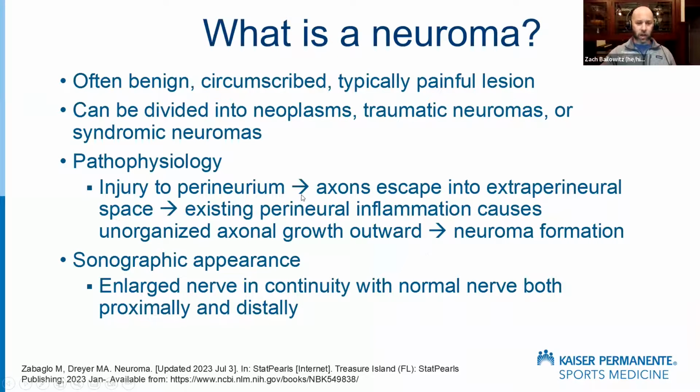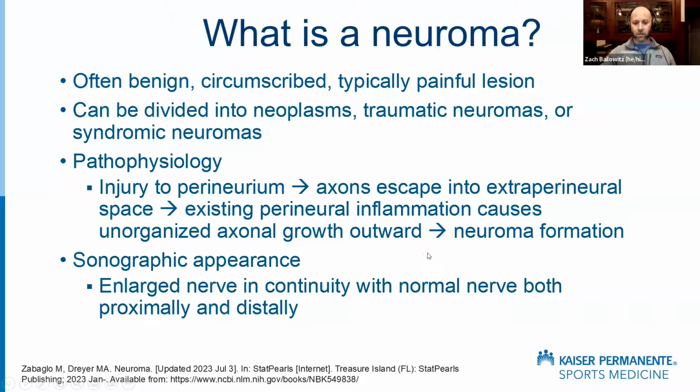I just wanted to include a couple of slides here because we see these kinds of things fairly frequently. What is a neuroma? Why does it happen? Most of the time, these are benign. They're typically well circumscribed and usually painful. They can be divided into neoplastic, traumatic, or syndromic. And the typical pathophysiology, at least with the traumatic ones, is that you get an injury to the perineurium.